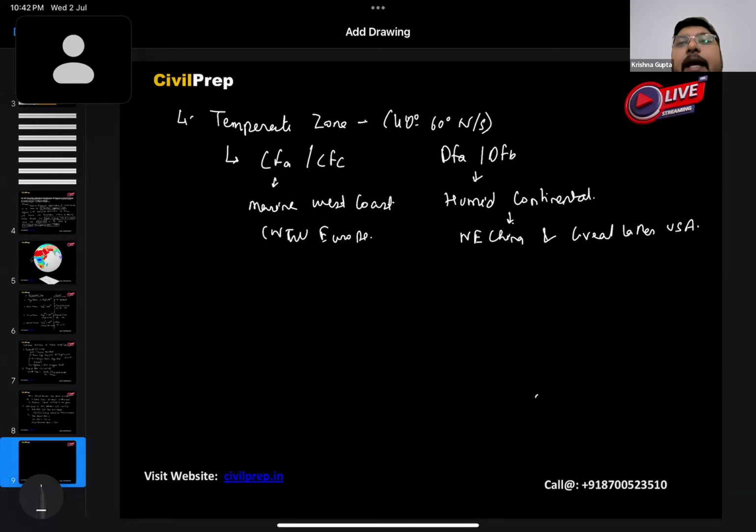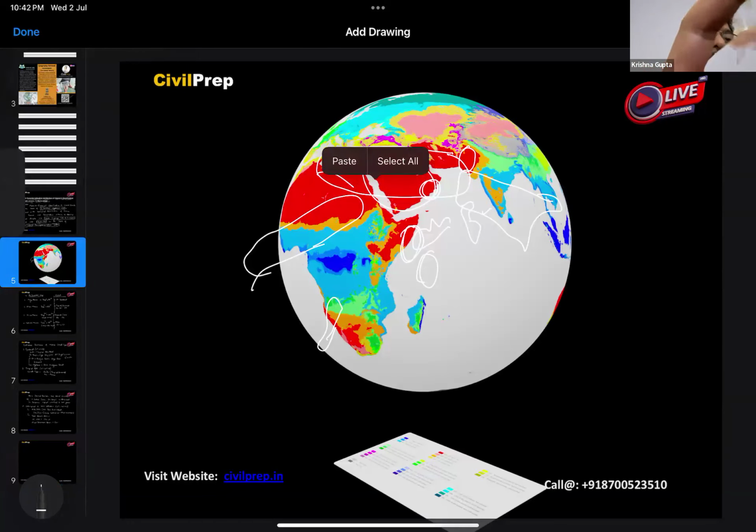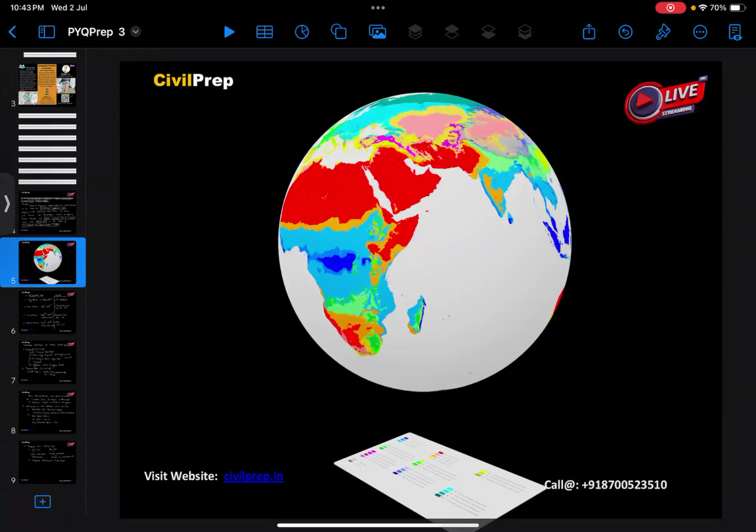Okay, the vegetation type here is temperate deciduous. And we'll be seeing here there is presence of mixed forest. Okay, so this is one of the important types of climate which is present throughout the mid-latitudinal region.